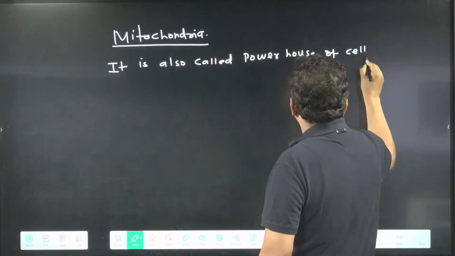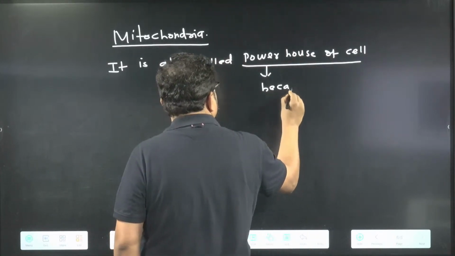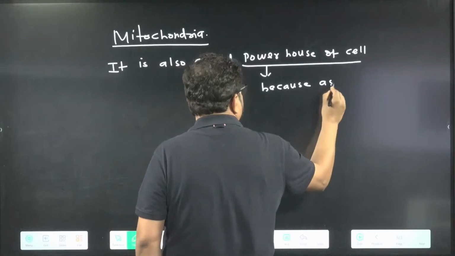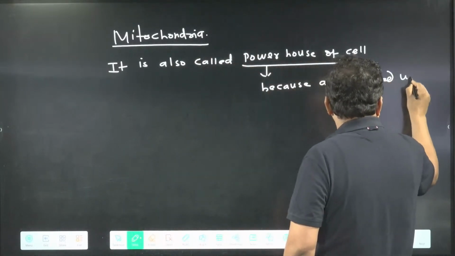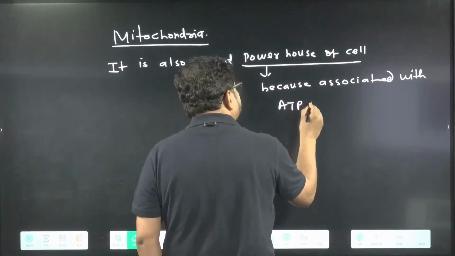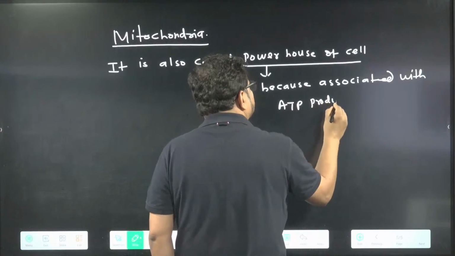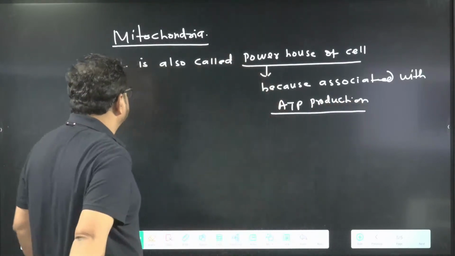Why is it also called the powerhouse of the cell? Because it is associated with energy production, right? Directly ATP production, no problem. ATP is the coin of energy, associated with energy production.